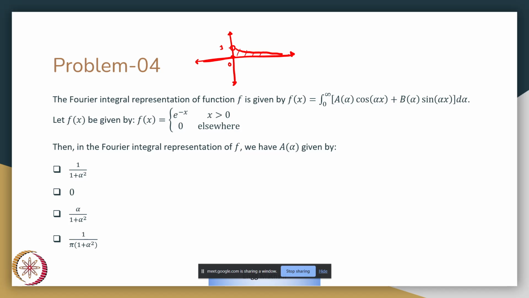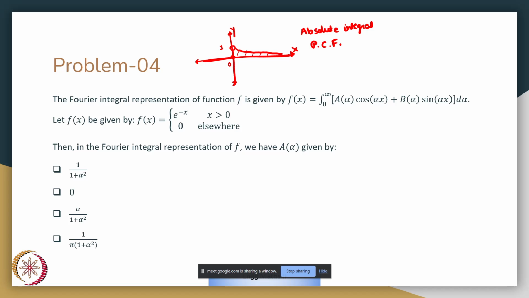A quick check of integration of e raised to minus x would show us that this whole shaded area is essentially bounded, so f of x is absolutely integrable. The shaded area is finite, and another thing is it is a piecewise continuous function.